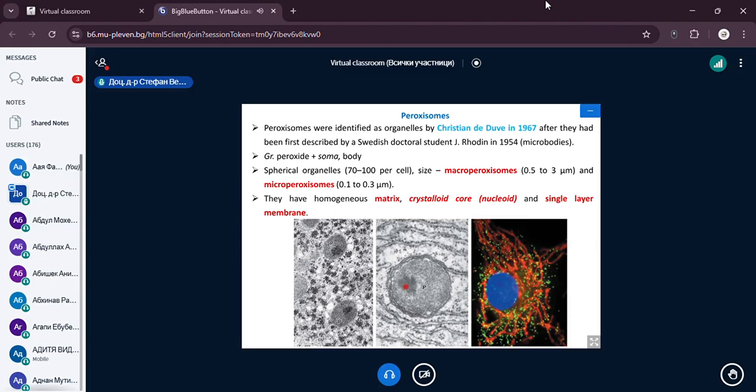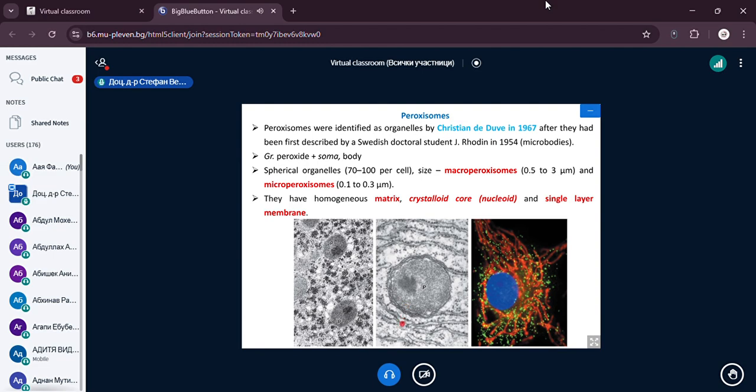In most of the animal cells, peroxisomes have a single layered membrane, an inner composition called matrix, and in the matrix we can see a dense crystalloid core which is called nucleoid. But human peroxisomes lack this nucleoid. It is not present in the human peroxisome.